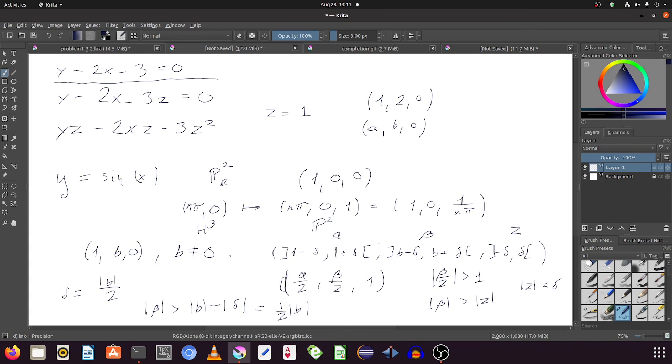So I think that proves that this point is the only one in the completion of this curve, and that is in a topological sense.